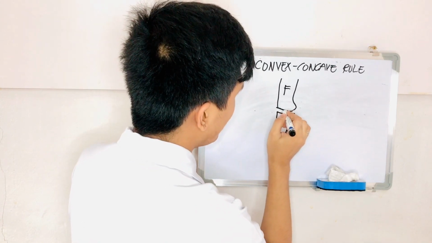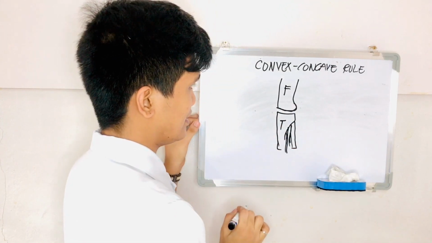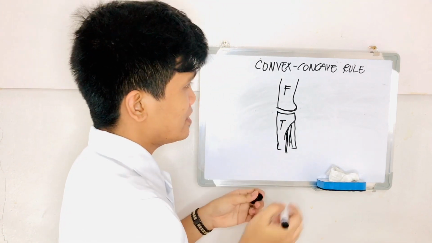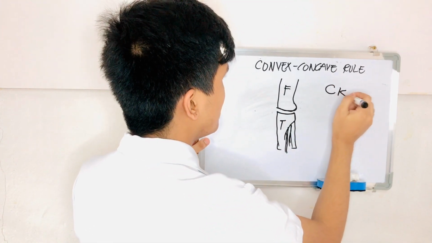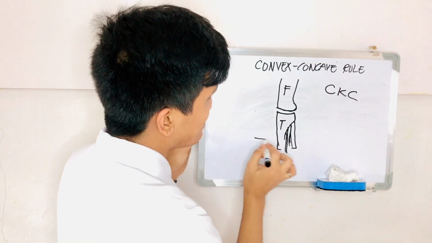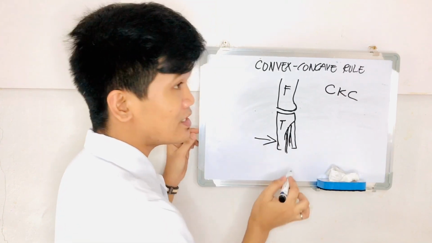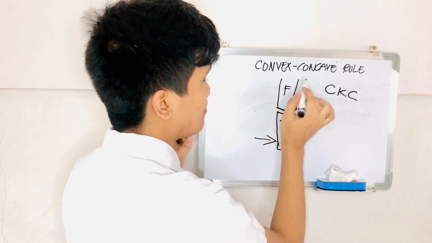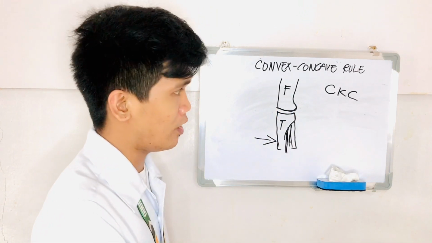So the femur is convex, and then the tibia is concave. Now, since CKC, ibig sabihin, nakastabilize ang distal bone, which is the tibia. So the one who will move will be the proximal bone, which is the femur.